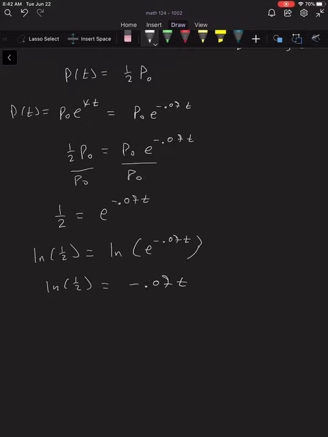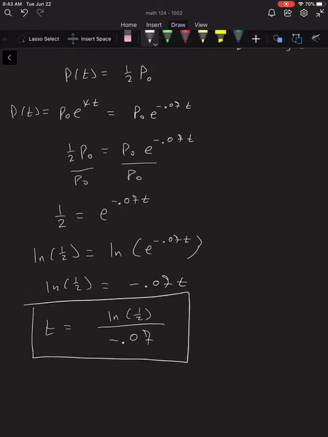And then we can see t is just equal to natural log of 1/2 divided by minus 0.07. And so that would be our half-life. So after this amount of time, if you plug it into a calculator, let's see, what is that?